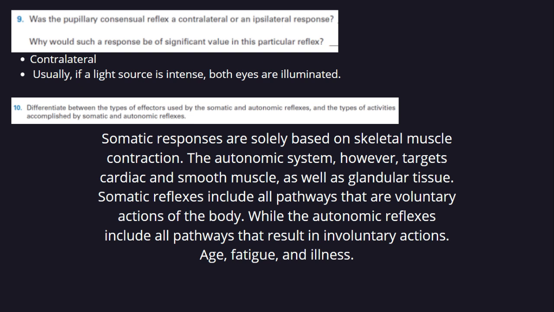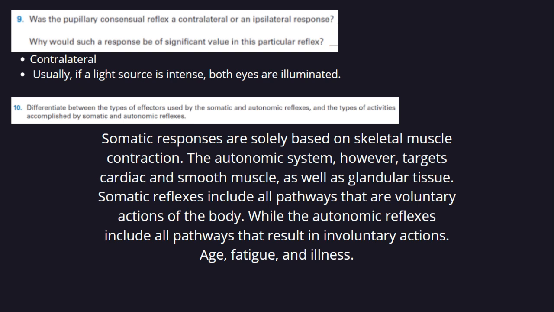Number 10. Differentiate between the types of effectors used by the somatic and autonomic reflexes and the types of activities accomplished by somatic and autonomic reflexes. Somatic responses are solely based on skeletal muscle contraction.